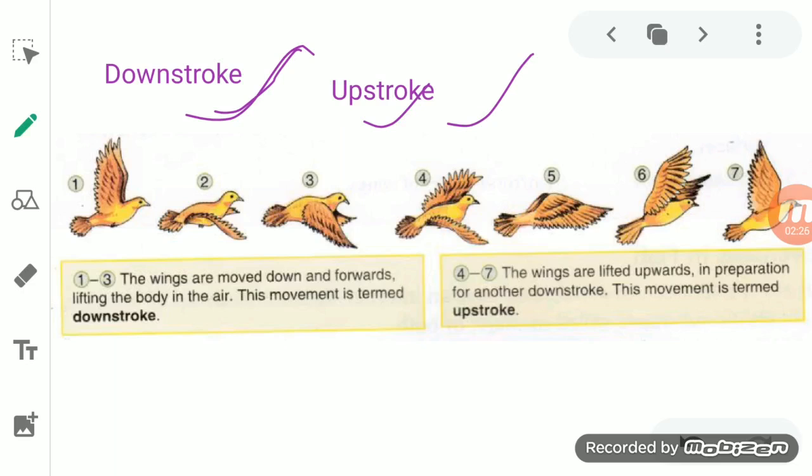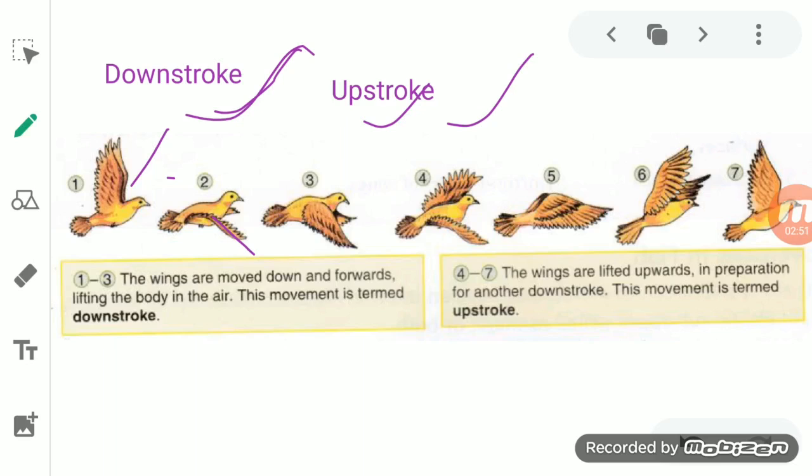The raised wing of a bird goes down as well as back. When the wings go down, they push the air down, and the air pushes up the wing with equal force, which makes the bird go up.